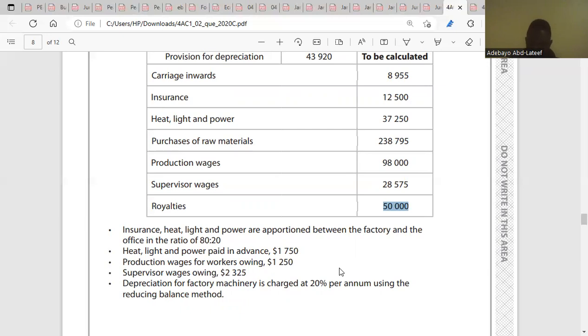So cost of raw materials consumed plus direct expenses, which is the royalties, plus direct wages, gives you your prime cost.